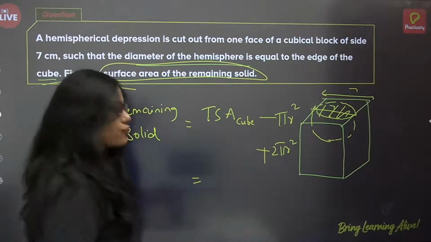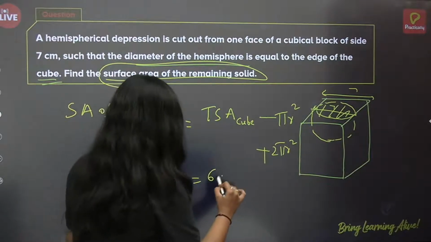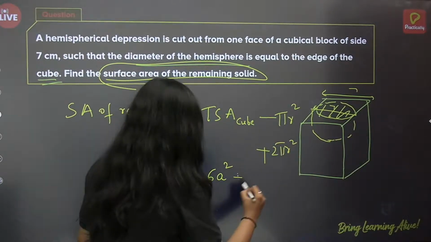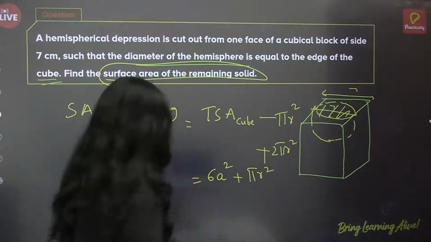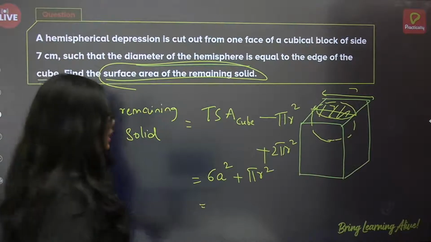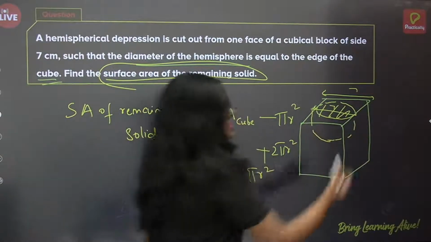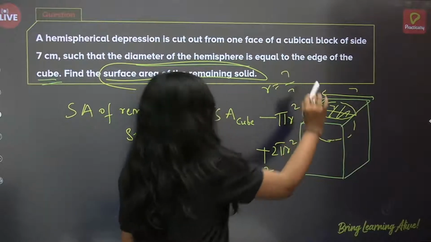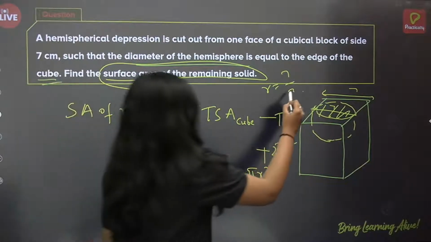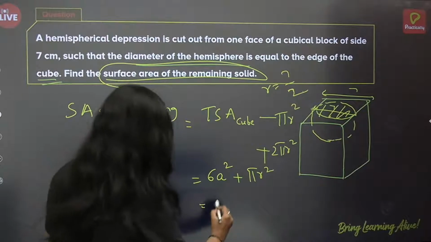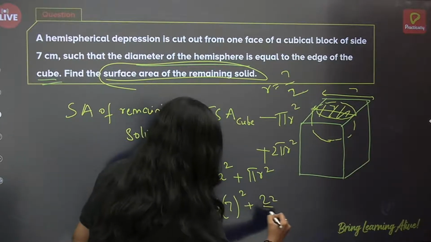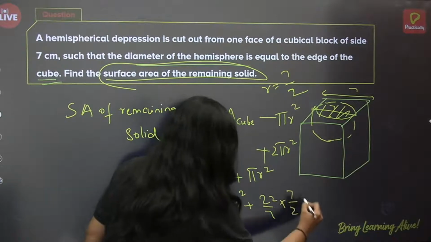What is the TSA of the cube? 6 into a square, where a is the side, minus pi r square plus 2 pi r square plus pi r square. Okay. Now, if this diameter is 7, what will be the radius? 7 by 2. So, radius is equal to 7 by 2. Right? So, let us substitute: 6 into 7 square plus 22 by 7 into 7 by 2 into 7 by 2.